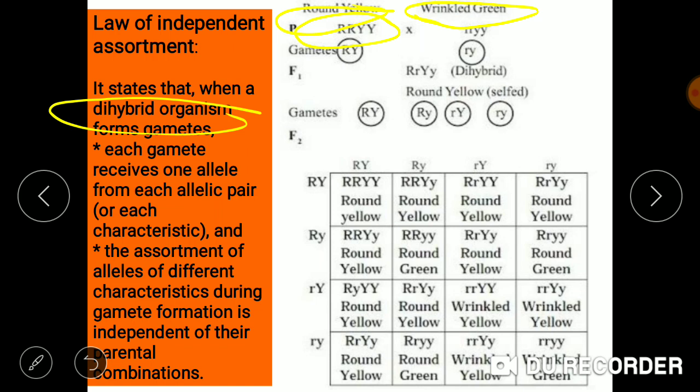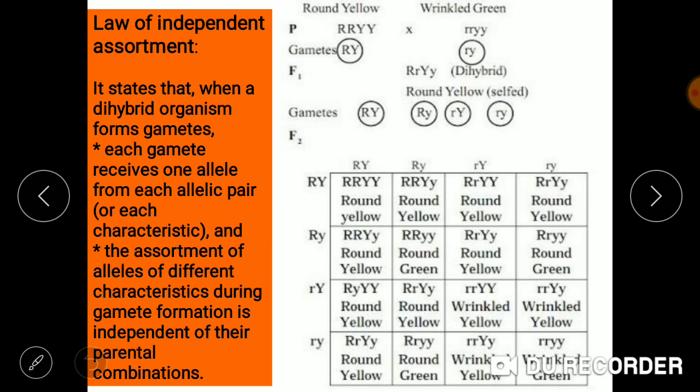The round character is represented by capital R, while the yellow character is represented by capital Y. In the case of the other parent, small r represents the wrinkled character and small y represents the green color. Now, we will find out the gametes of these two parents.